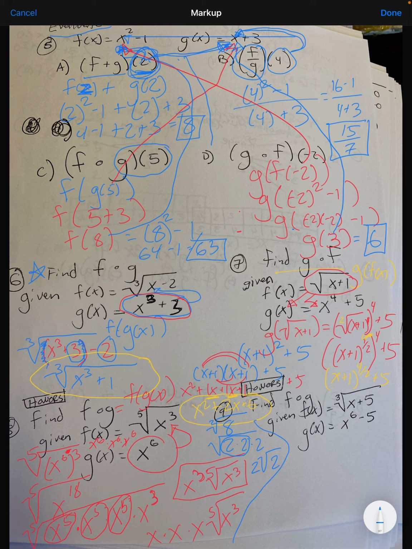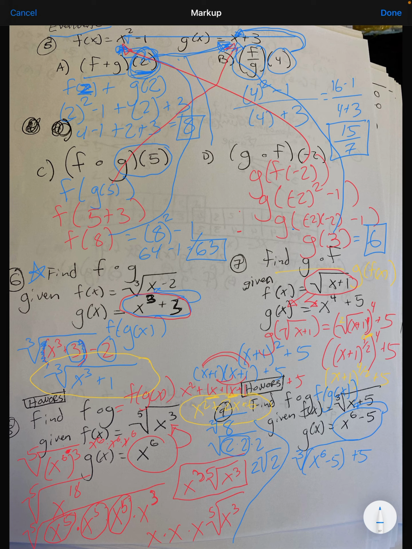Let's see if we have enough room for my last one. F of g, my input is going to be g of x. That is going to plug in to x. So cube root of x to the 6 minus 5, that's being plugged in for x, plus 5.